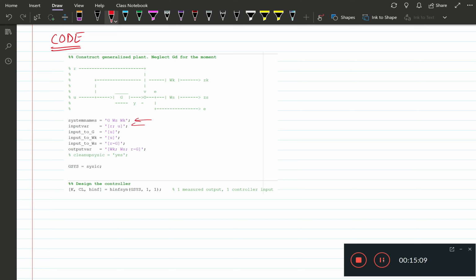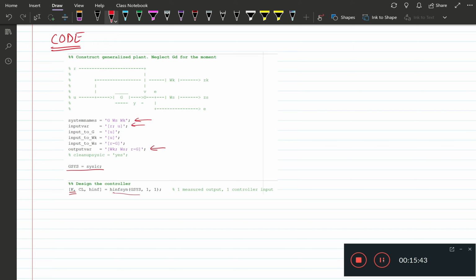The inputs R and U, the outputs W_K, W_S, and the error R minus G. And so this is basically the syntax, and then you execute this command, and that gives us this generalized plant. Then once we have the generalized plant, we can execute this command to get the optimal controller K. So you've used this before, so I think you should be familiar with this by now.